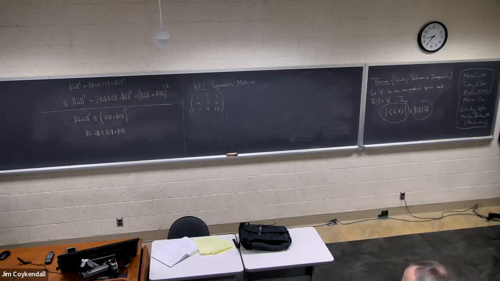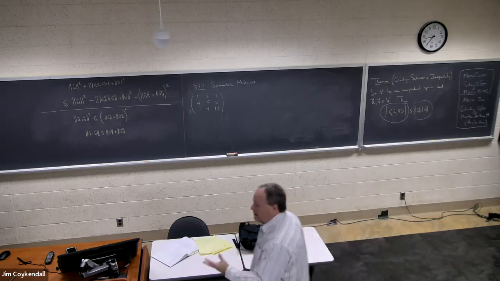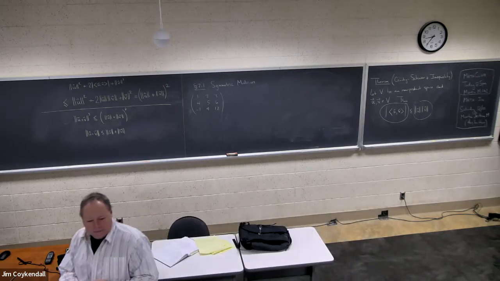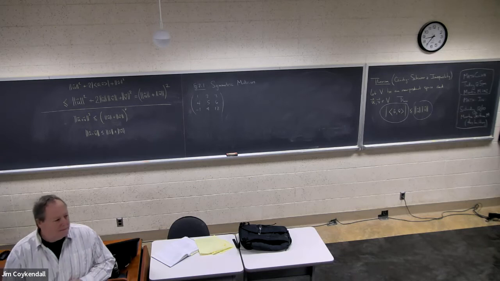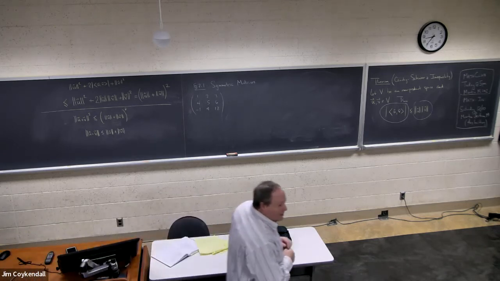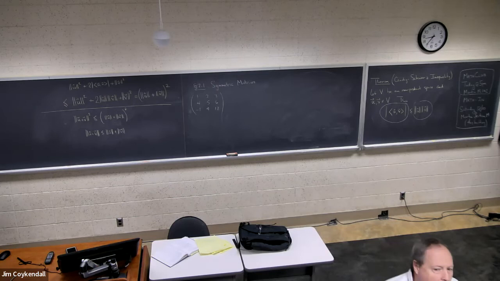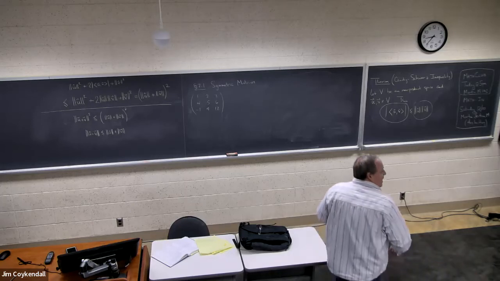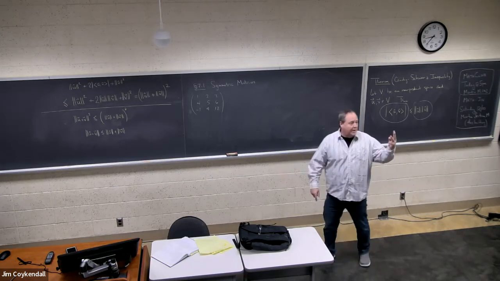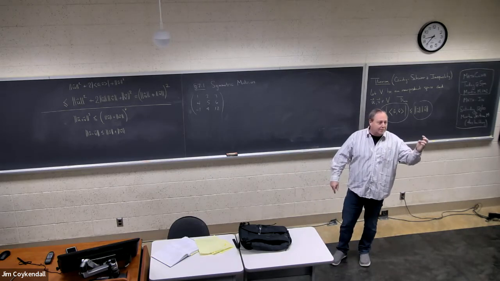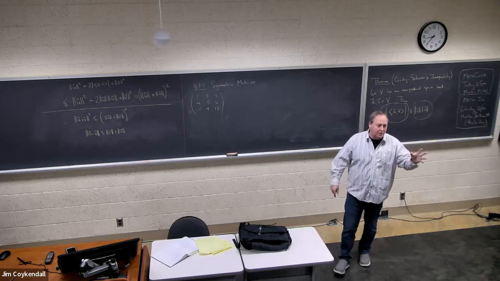How can you tell if a matrix is diagonalizable? Isn't it, if it has n linearly independent eigenvectors? That is exactly right. In this case, n is 3. If you have 3 linearly independent eigenvectors, it's diagonalizable, right?